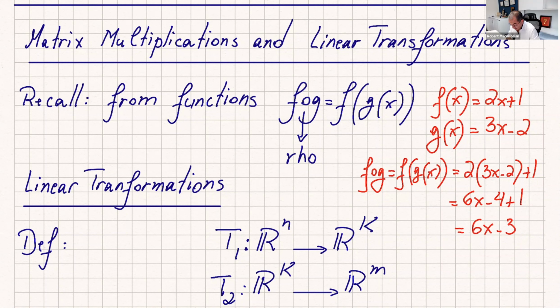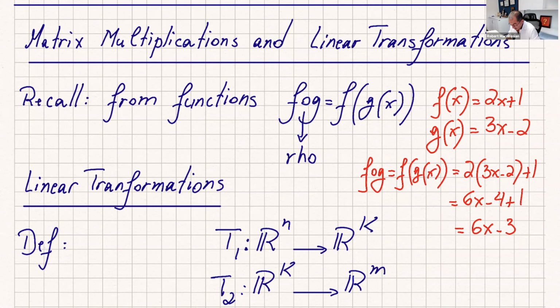For example, if you have a function f of x is 2x plus 1 and g of x is 3x minus 2, f ∘ g is f of g of x. So basically, you go to your f of x, and wherever you have x, you substitute that by g of x, and you simplify, that's what you get.